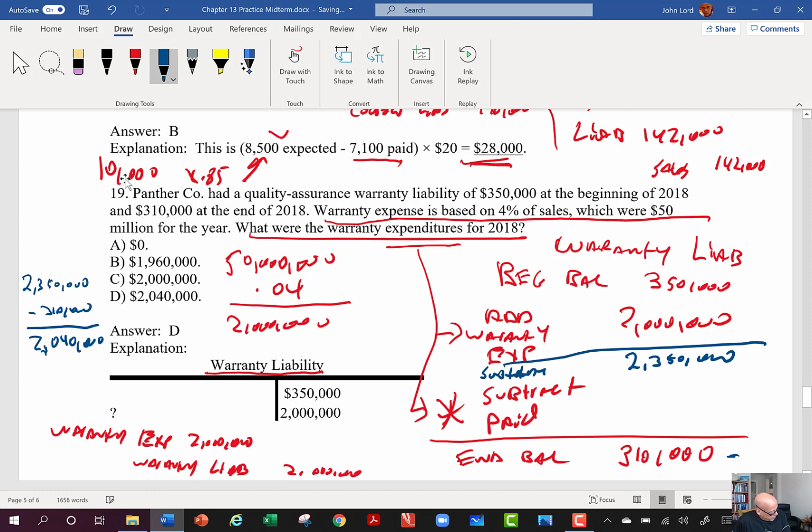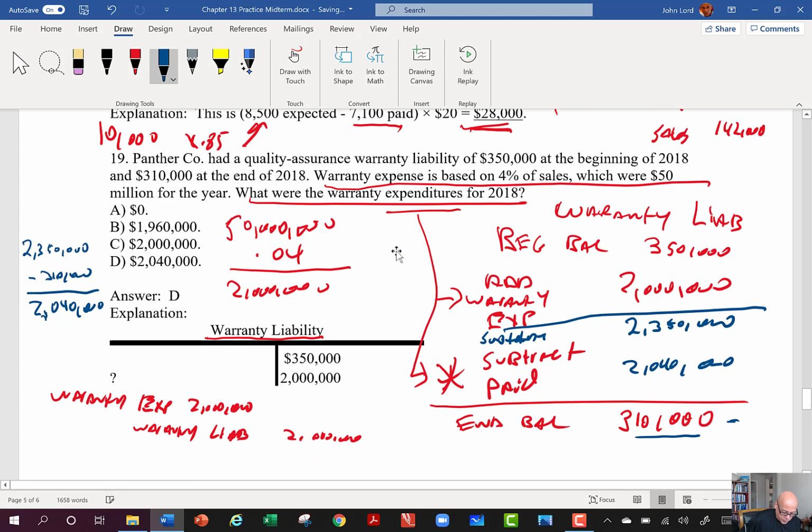Okay, 2,350,000 minus 310, 2,040,000 is what must have been subtracted from 2,350,000 to end up with 310.